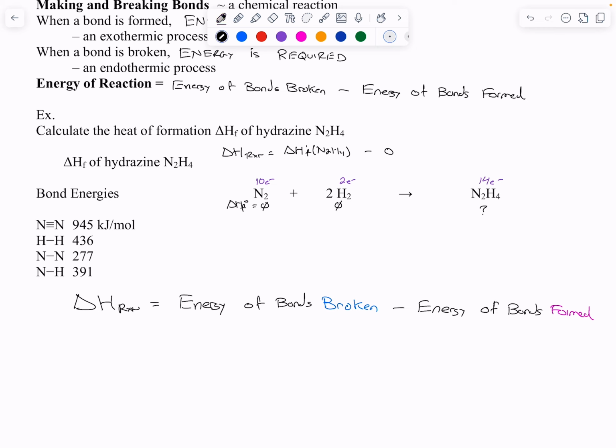So N2, drawing it. I got 2 N's. Bond them: 2, 4, 6, 8, 10. Well, that's not going to work. Double bond. Still not working. Triple bond. There's N2. H2, H and H. And then N2H4.